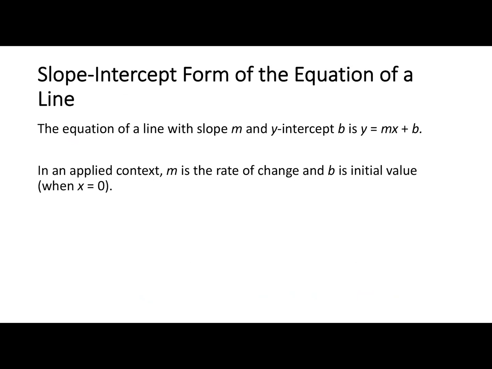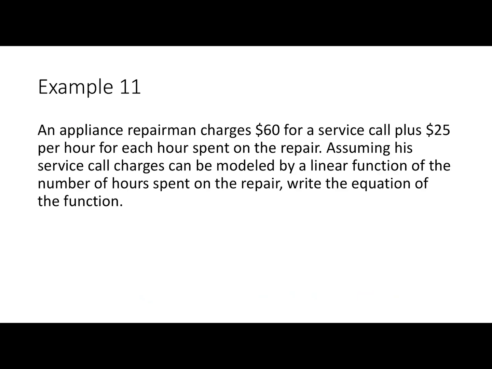All right, we're talking about the equation of a line still. We've gone through slope-intercept form. Let's keep rolling. We're going to build this example into slope-intercept form. An appliance repairman charges $60 for a service call plus $25 per hour. Assuming his service call charges can be modeled by a linear function of the number of hours, write the equation below.